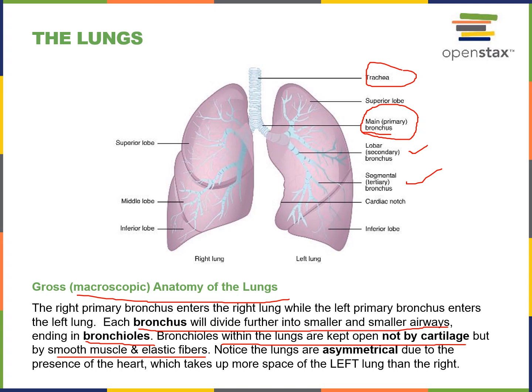So if that cell had to continuously rub against cartilage, we usually breathe about 15 inhalations per minute, something like that. Think of all the friction that would be going on there and damage. So to prevent that, these small passageways, the bronchioles, are kept open because they have to be kept open.